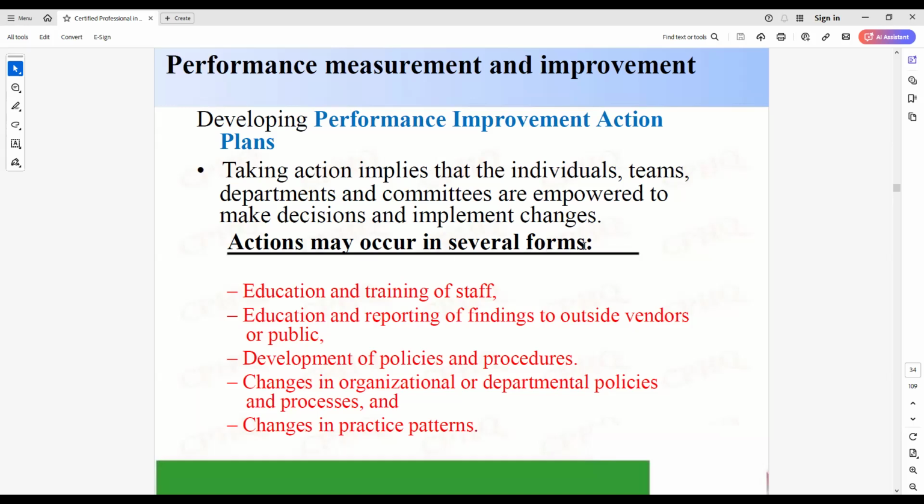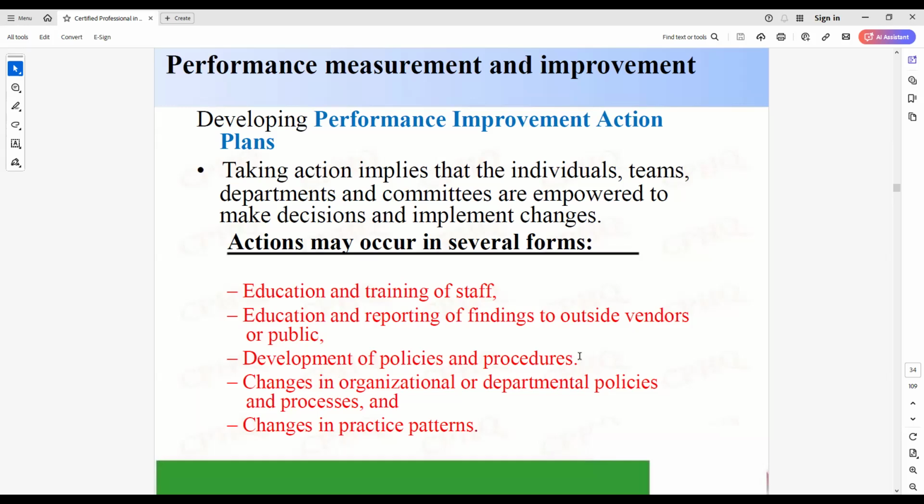So the actions may occur in several forms. Common action plans for quality improvement are, for example, education and training of staff. Reporting of the findings to the outside vendor or public. Sometimes if you find, for example, equipment issues or product issues, then you have to report them saying that this is not safe to be used.